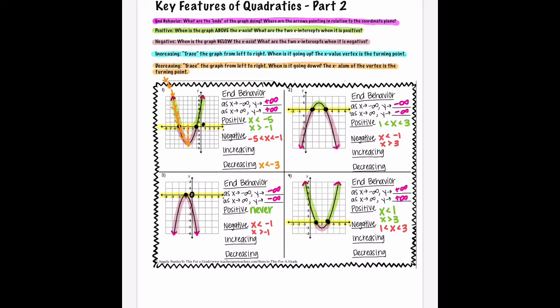Then it's increasing from the vertex going upward. So at -3 and moving to the right, when x is greater than -3, it's increasing. The x value of your vertex is always going to be the point where your increasing and decreasing turns.